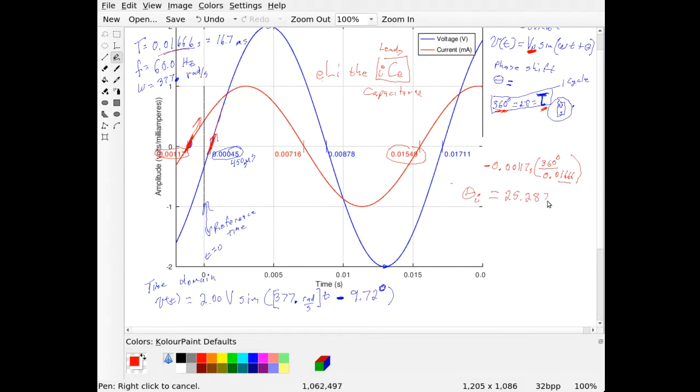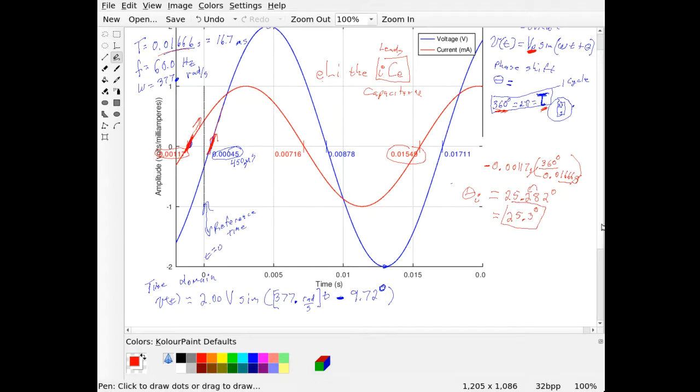Now remember, the units here were given in seconds, so the seconds cancel, and I'm left with degrees. So this is 25.28, which rounds to 25.3 degrees when I put it into Blackboard.